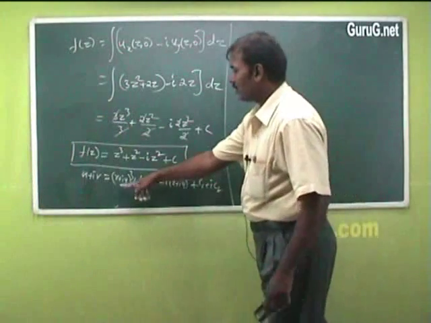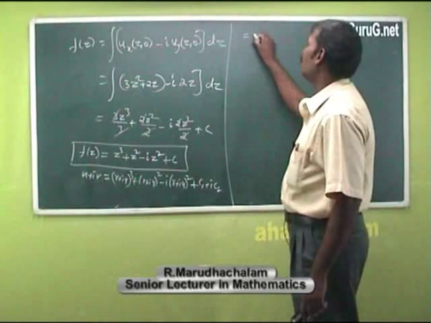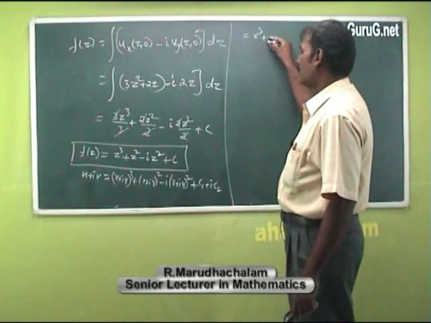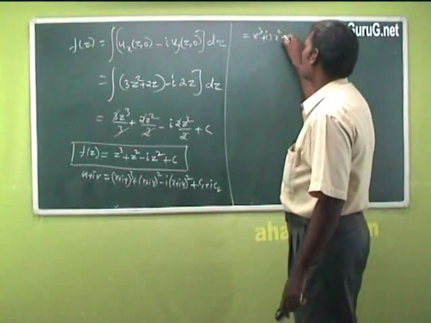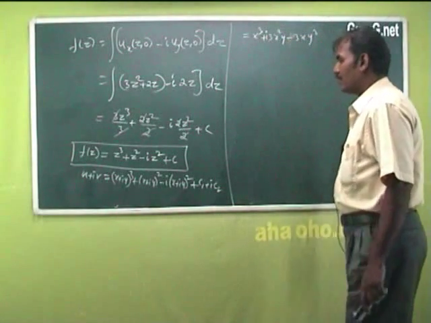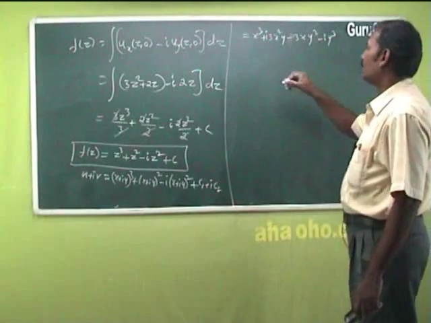Now we expand it, a plus b the whole cube: a cube plus 3a squared b, then plus 3ab squared, then plus b cube, right?